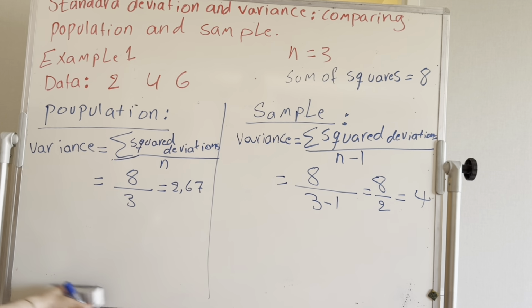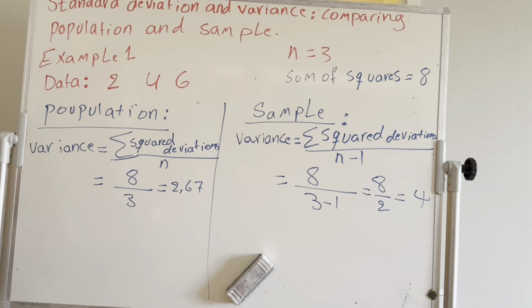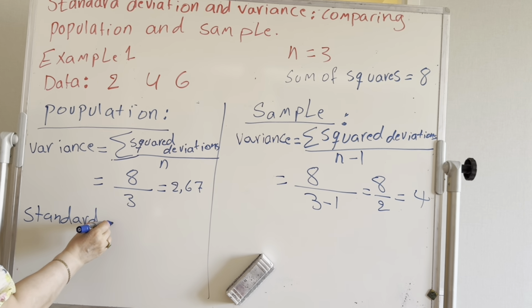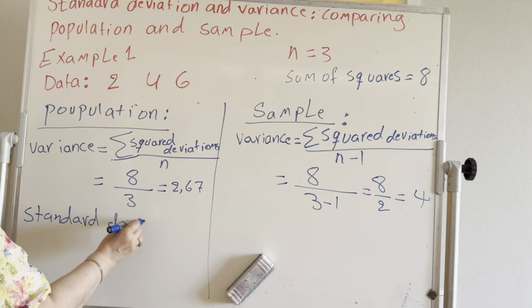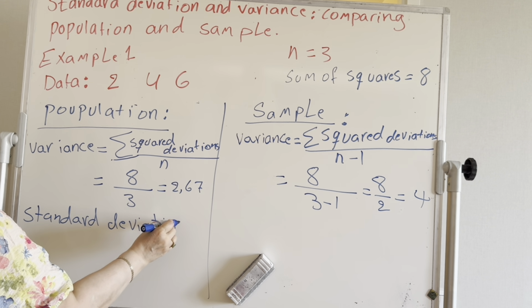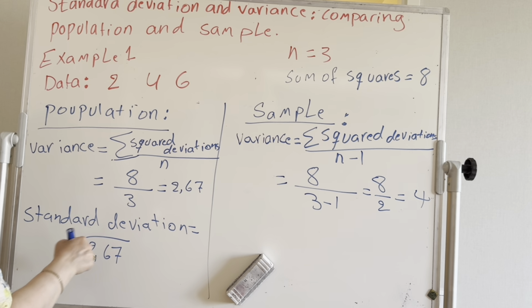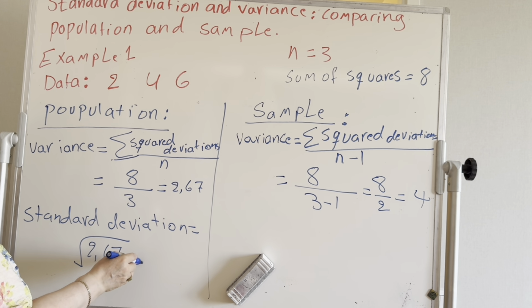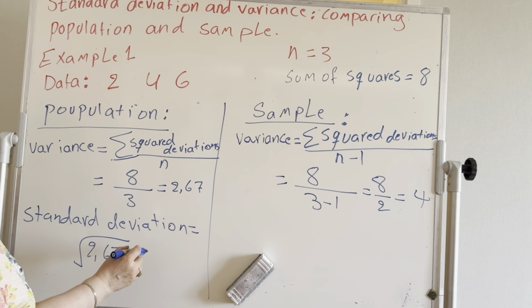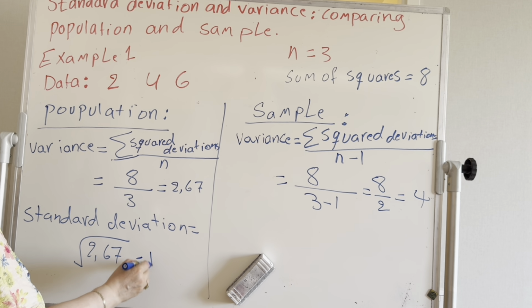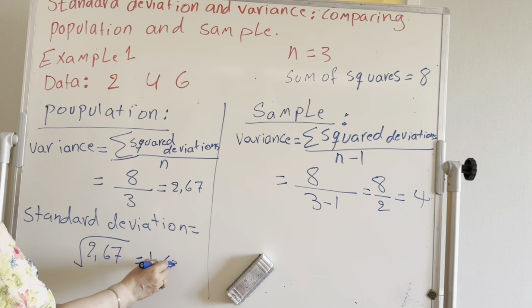Standard deviation equals the square root of 2.67, which equals 1.63.